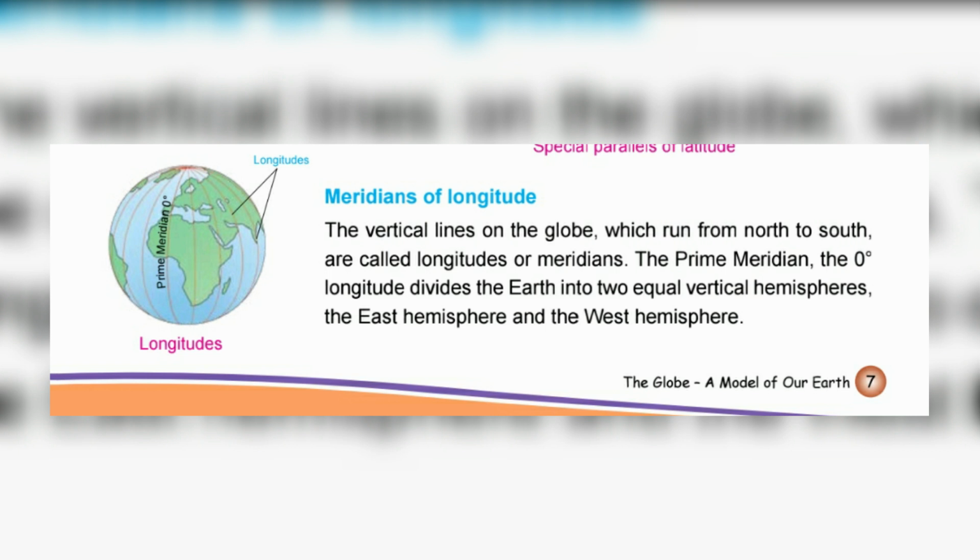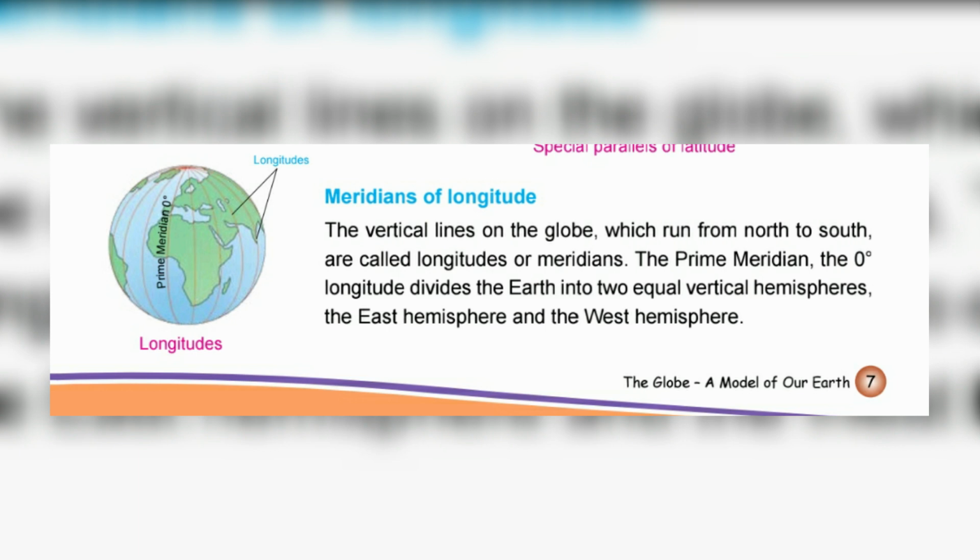One important thing that you have to learn is that the equator divides the earth into northern hemisphere and southern hemisphere. Longitude divides earth into 2 equal halves, that is east hemisphere and west hemisphere.